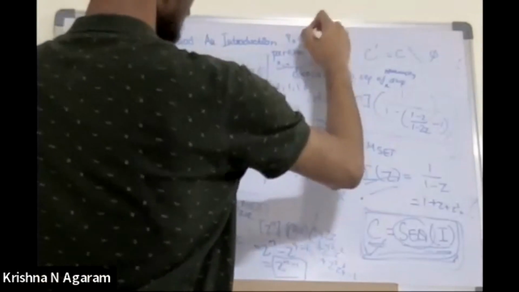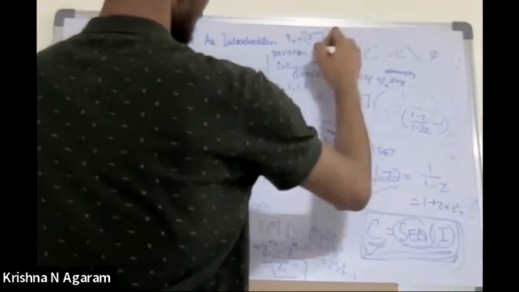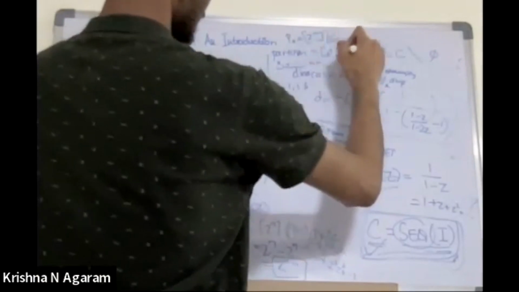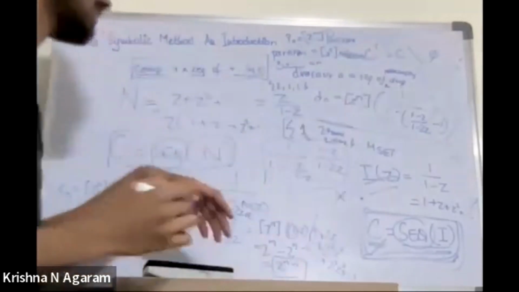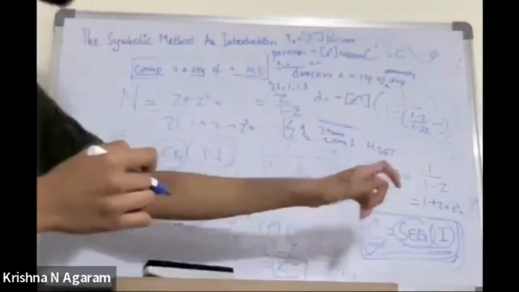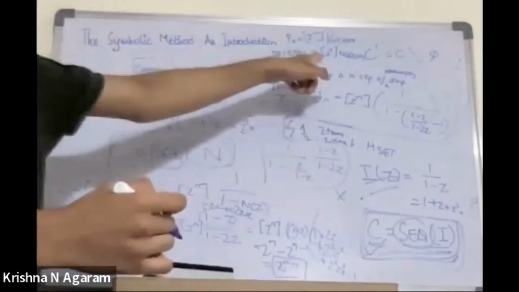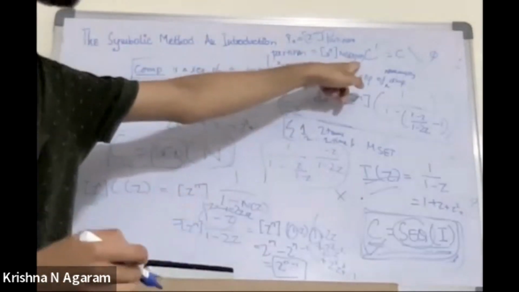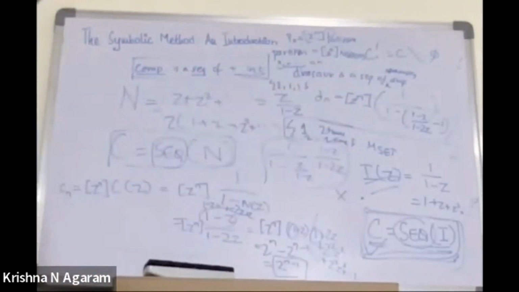So directly the n thing is just Zn in the class of partitions, which is Zn in MSET of N. What MSET translates to in terms of generating functions is not that trivial, but you see, a computer can really quickly solve this. Is that clear?